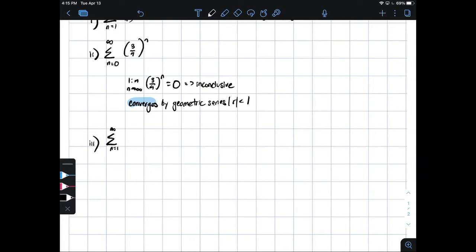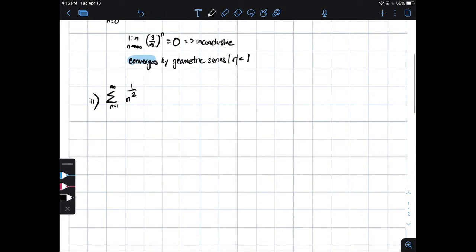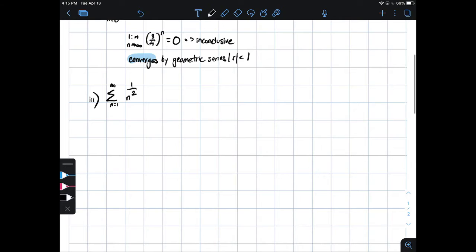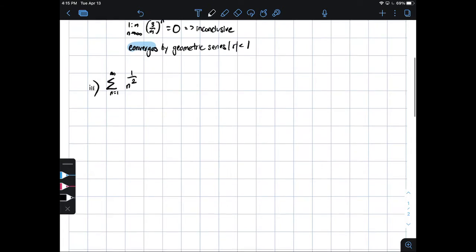So the summation from n equals 1 to infinity of 1 over n squared. Now, this is a very simple p-series problem, but we're also going to evaluate this using the integral test, just to get a little bit of practice. Just a quick aside, I don't really think the integral test is too prevalent, but we're still going to try it here.